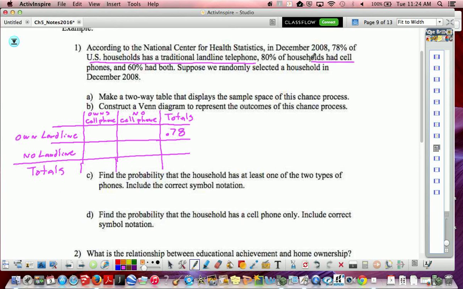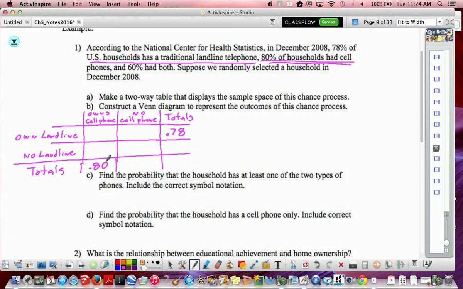So now it says 80% of people have cell phones. Right here. We know a total of 80% own cell phones, and a total of 78% own landlines.